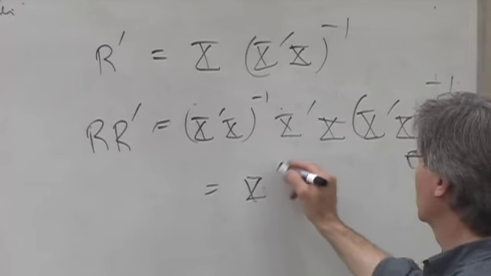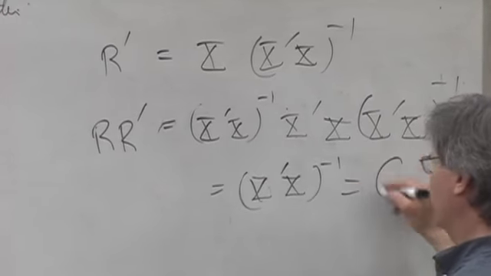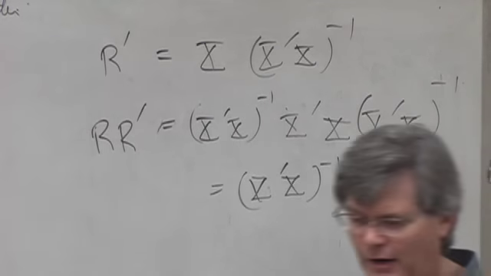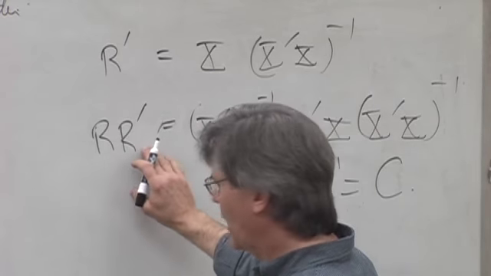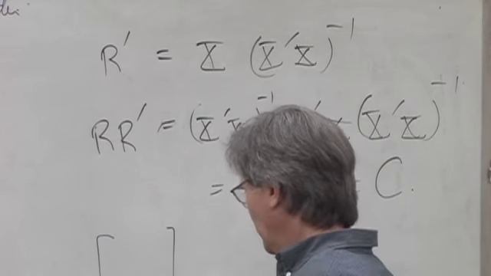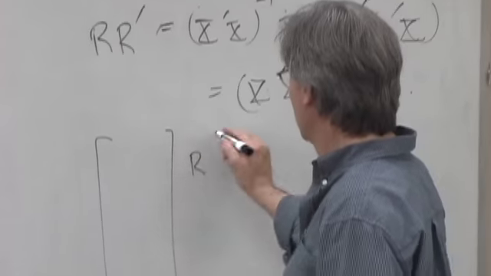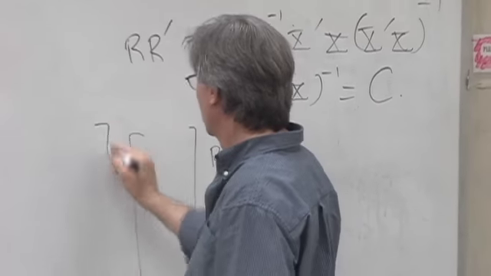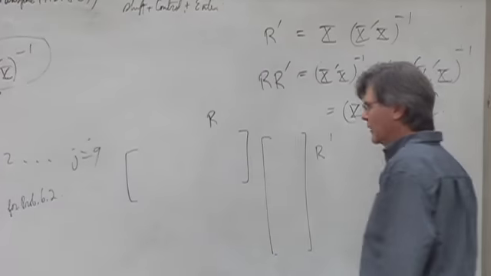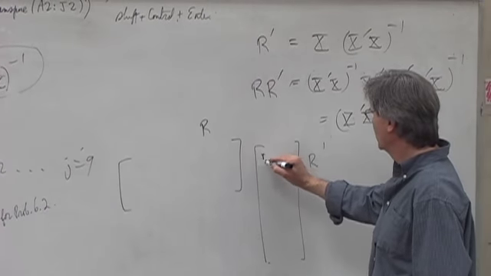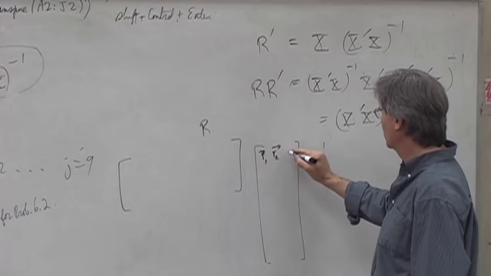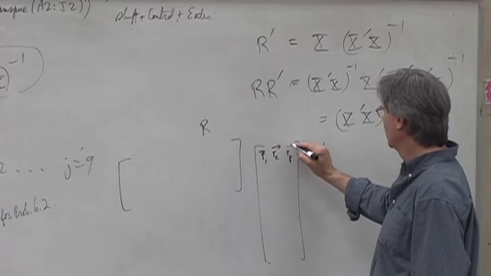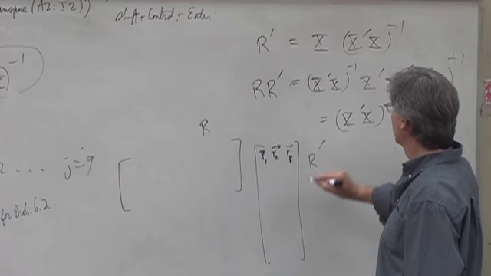So R prime is a bunch of columns, so it's tall this way. This is R prime, and here's R. R1 is the first column of R prime, R2 is the second column of R prime, and so on, Rp is the pth column of R prime.